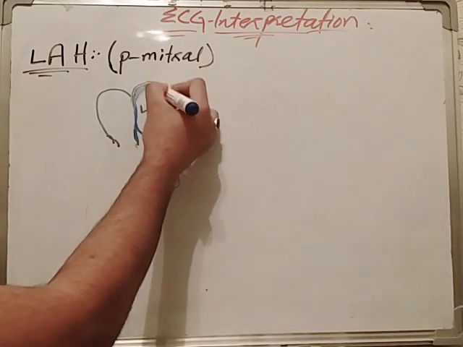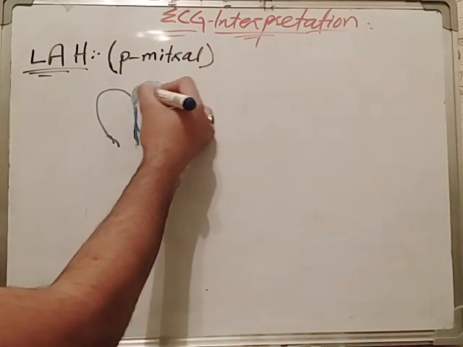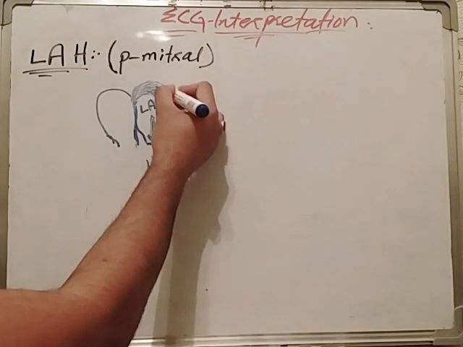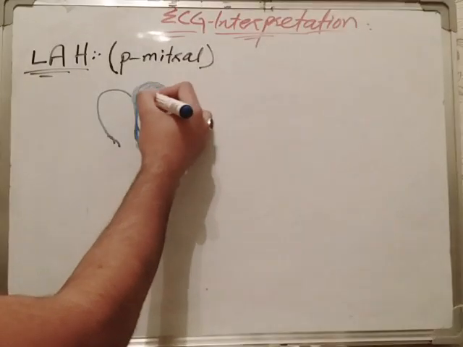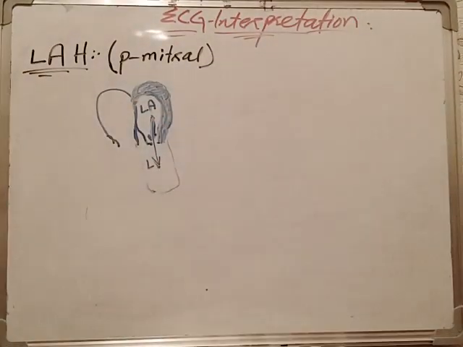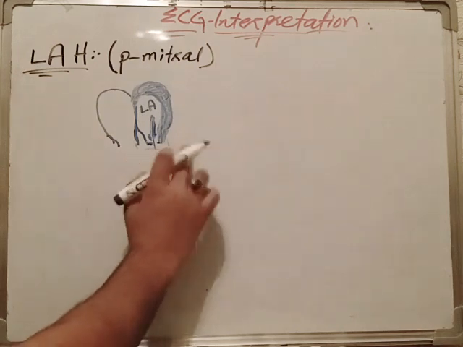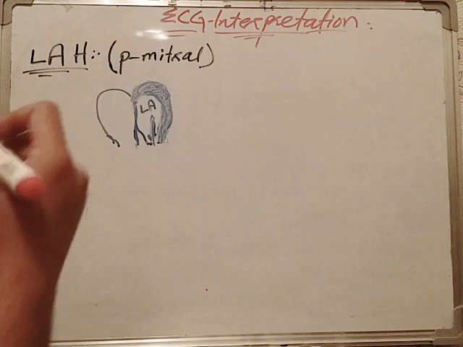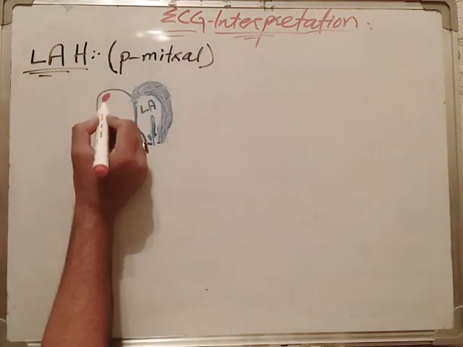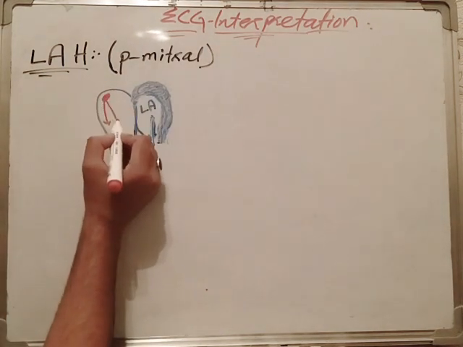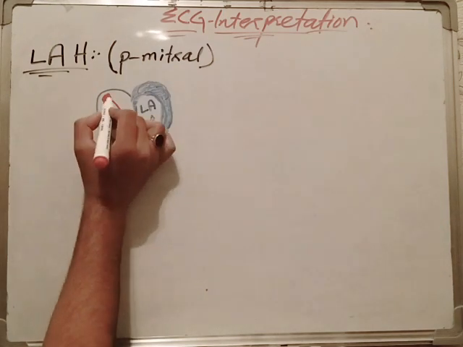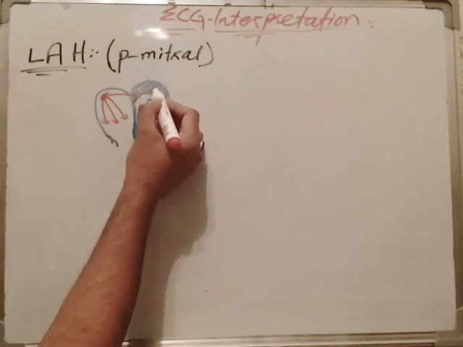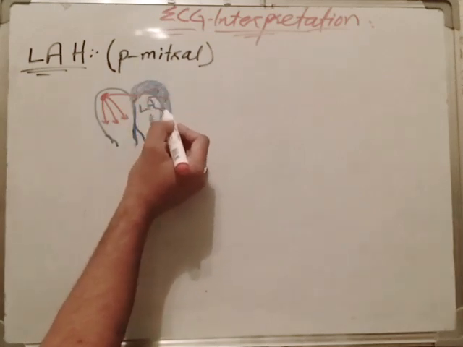So in this case, we can see that the left atrium undergoes hypertrophy. Once the left atrium becomes hypertrophied, the impulses from here will normally spread over the right atrium, and then go to the left atrium, and it will take a long time to travel the distance through the thick layer of muscle.